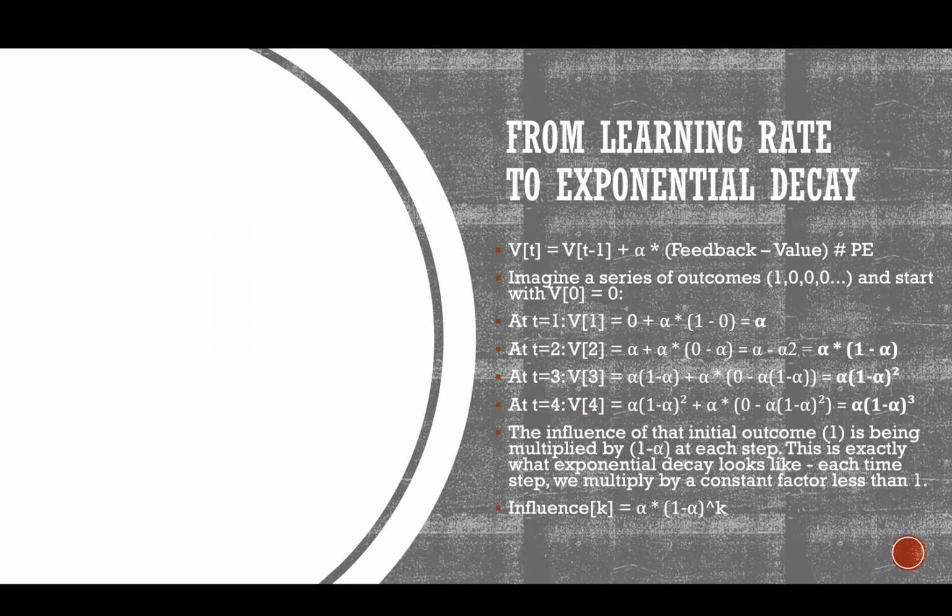So the influence of that initial outcome, 1, is being multiplied by 1 minus alpha at each step. So the impact at the beginning gets multiplied by this to an increasing power.